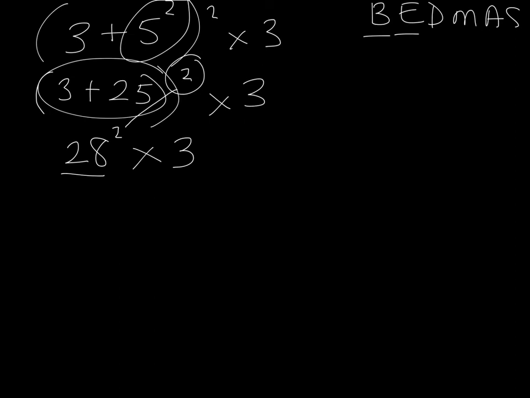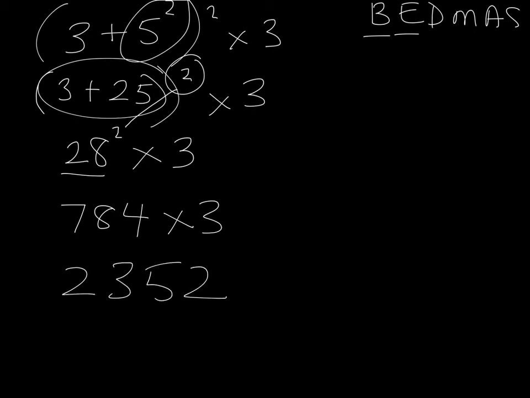So 28 to the power of 2 is 28 times 28, which is 784, and that's times 3. And then we do that last step, 784 times 3, which is 2,352.